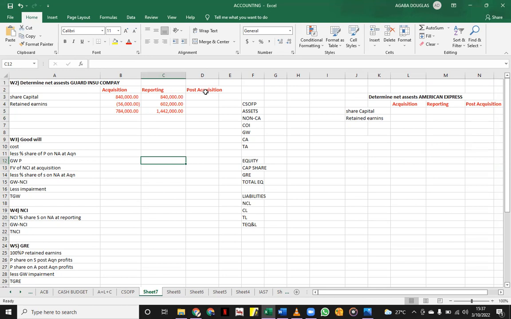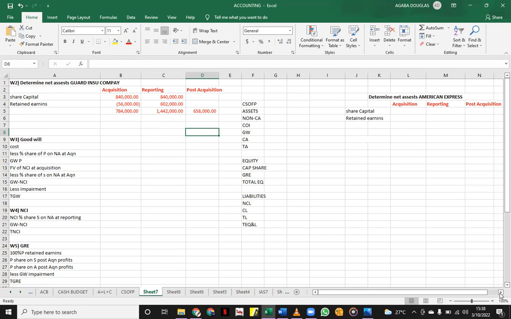So I cannot reach there without remembering to calculate my post-acquisition from the time I'm determining my net assets. So I'll simply say reporting date minus the acquisition date values, and that will give us our post-acquisition profit for the subsidiary as 658,000.